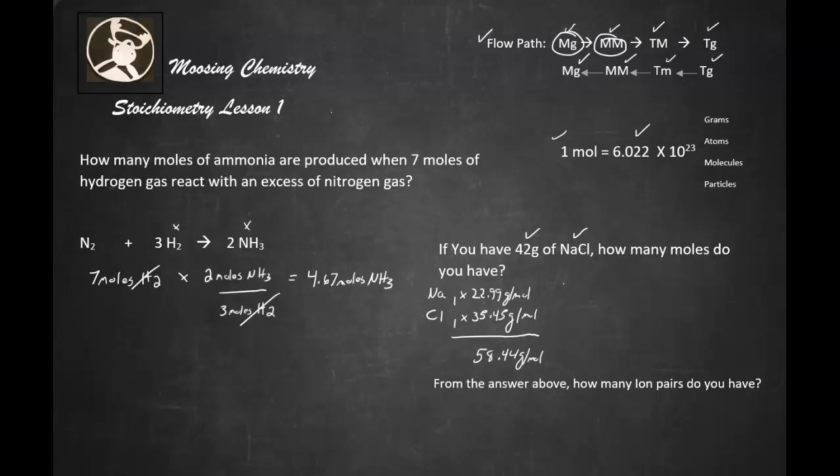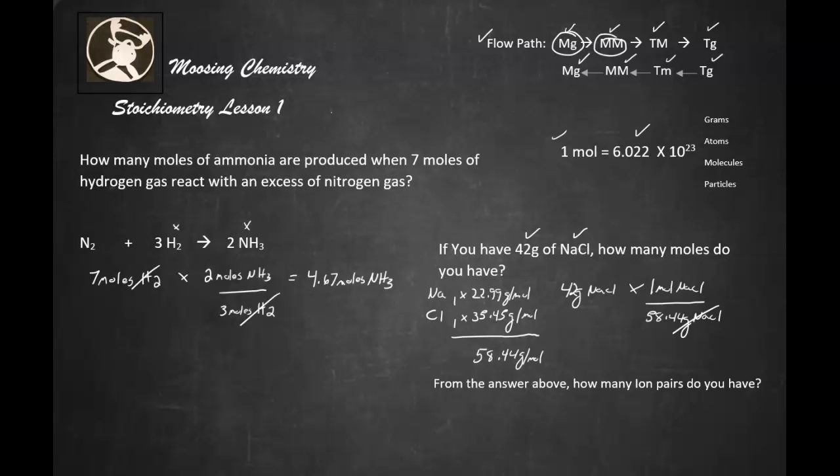So you go 42 grams of NaCl times 1 mole of NaCl divided by 58.44 grams of NaCl.